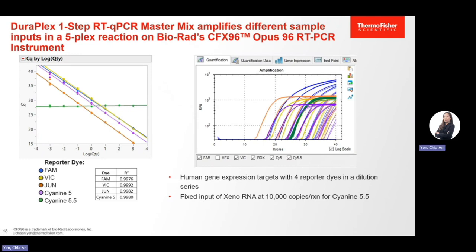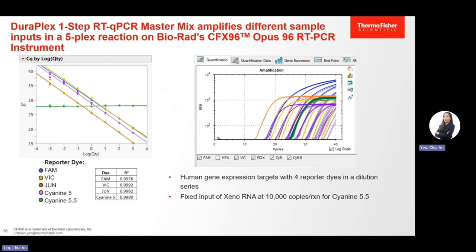So for multiplexing in qPCR, we've talked about how competitive inhibition can occur between the different targets, and that scenario can be especially bad if you have something of high copy number next to something with low copy number.